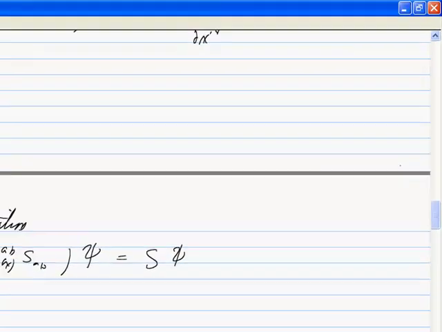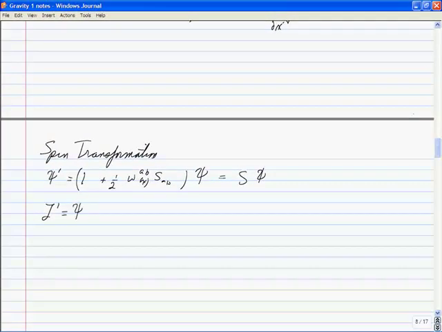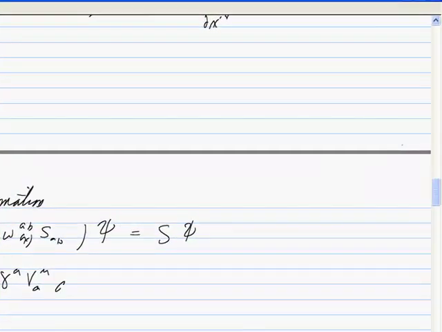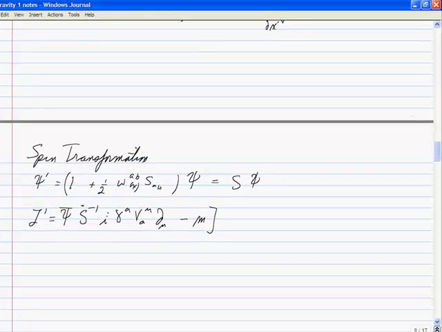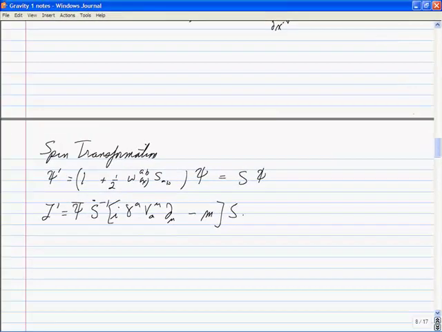The Lagrangian prime is then psi-bar (S minus) i gamma^a e_a^mu d_mu minus m psi.